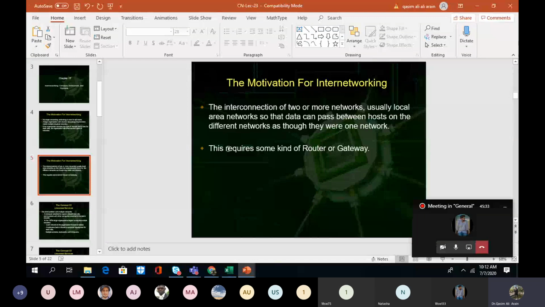For that, what is the specific device that is being used? This is what you can call a router or a gateway, right? These are the terms that we will be using. Gateway is a specific term that is being used for a specific router, but you must specifically remember that a router is a device which is going to connect multiple networks together to communicate across different networks, right?